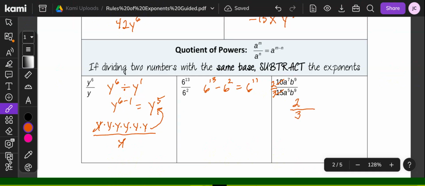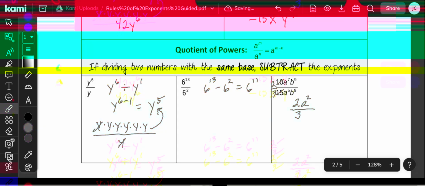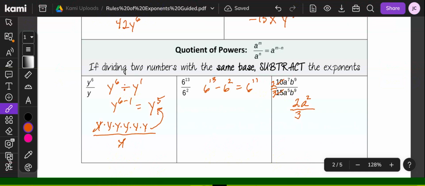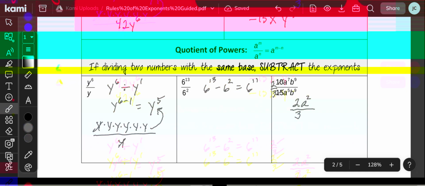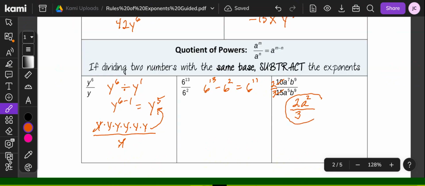And then a to the 7th divided by a to the 5th is a to the 2nd. And b to the 9th divided by b to the 9th, well, anything divided by itself is 1, right? So b to the 9th divided by b to the 9th is b to the 0. Anything to the 0 power is 1. We don't need to write a 1, it's assumed it's there. Okay, and there you have that.